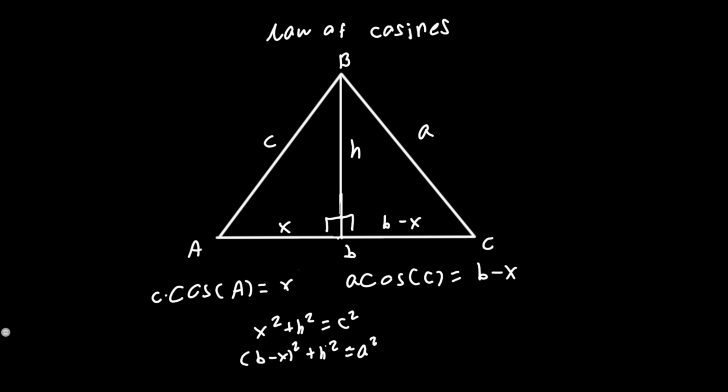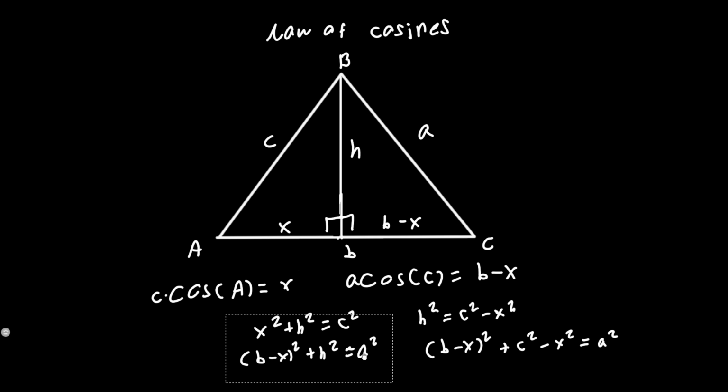So I'm going to substitute h, but first I have to solve for h. So we have h squared is equal to c squared minus x squared, and replacing h, we have (b minus x) squared plus c squared minus x squared is equal to a squared.